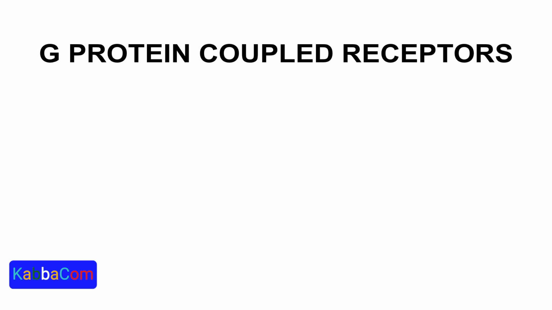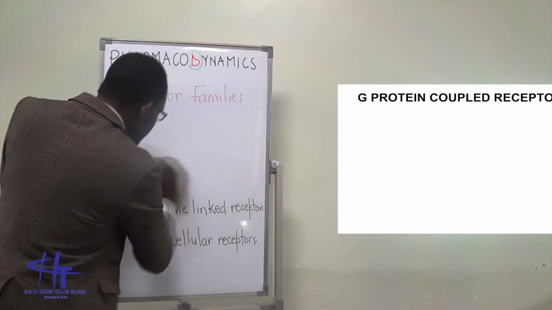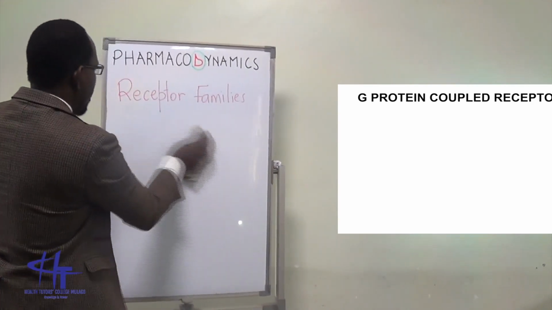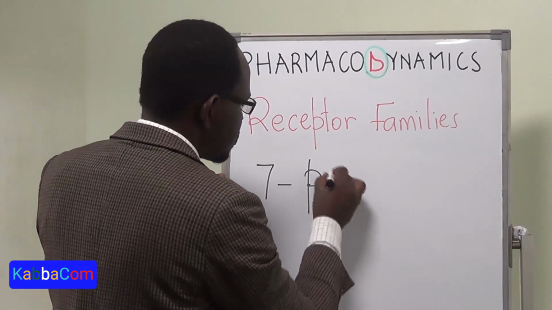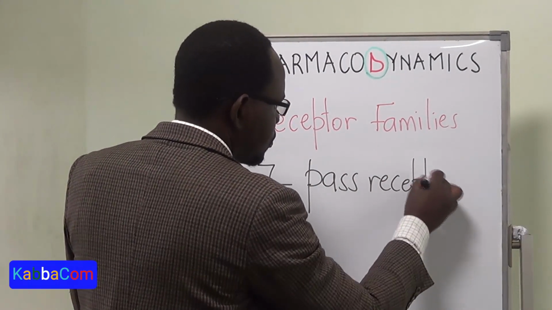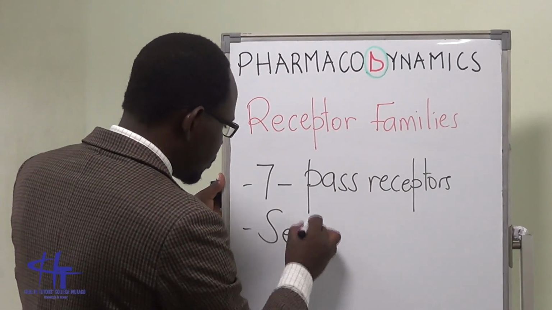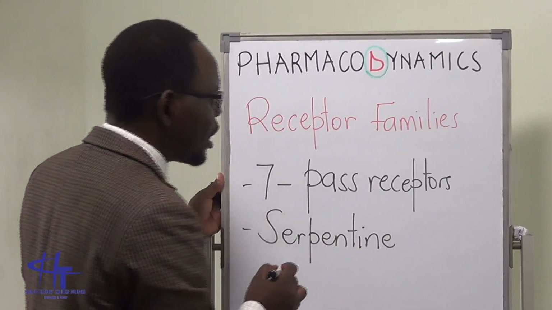The next that we are going to talk about are what we call the G-protein coupled receptors. Now, these G-protein coupled receptors are also called 7-pass receptors, or they are also called serpentine receptors.